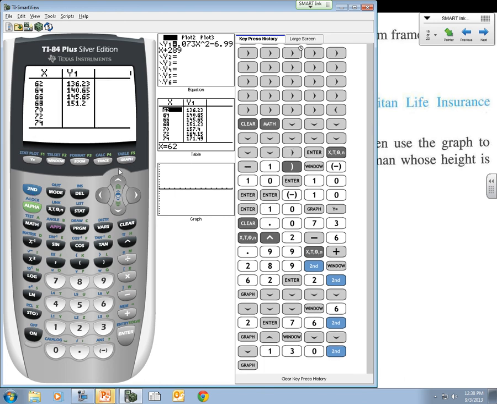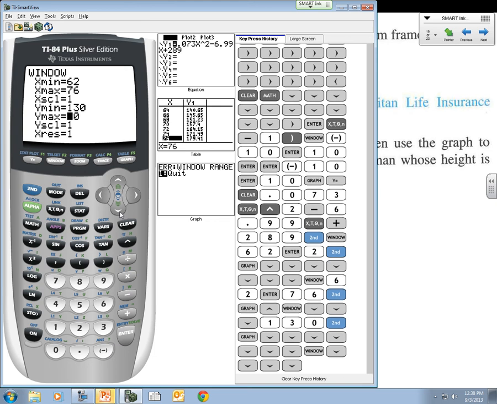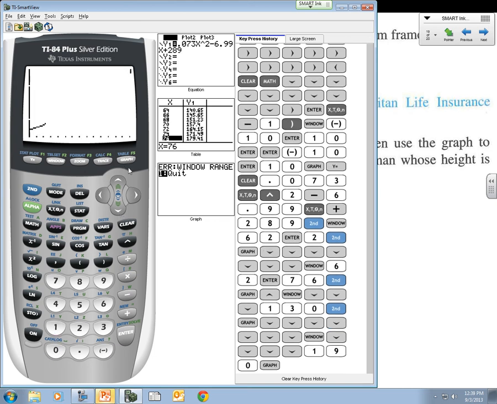We knew from our table that the biggest y value is going to be 179. So what if we made it 190, just to be a little bit bigger than that? All right, so we have some space to look at it. We go ahead and graph it. And there we go, nice little curve on our graph.